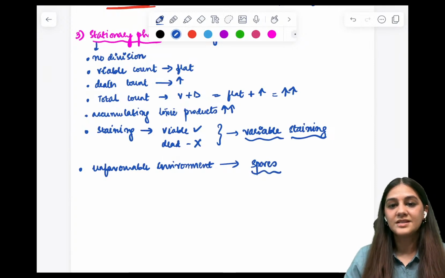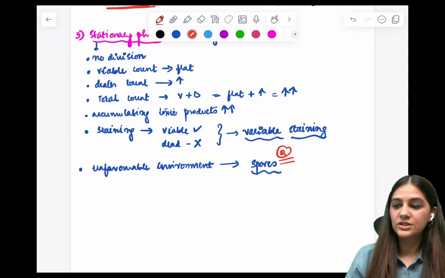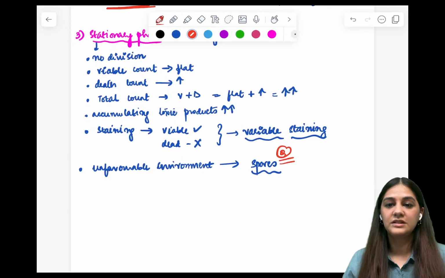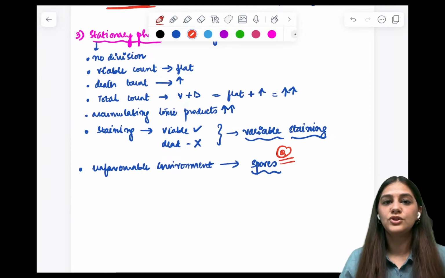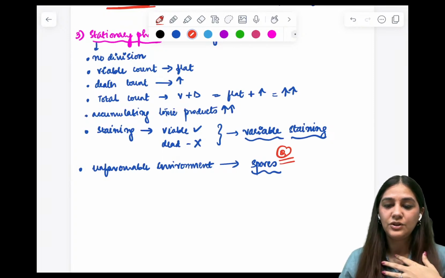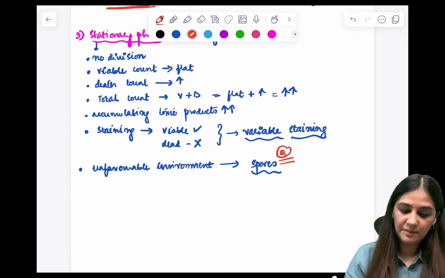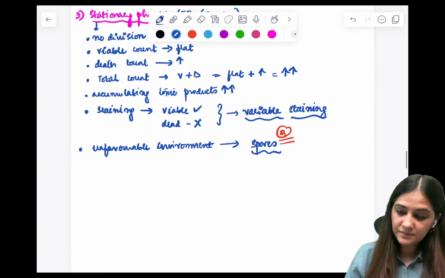So spore formation takes place in the stationary phase. Please remember this. Spore formation, why? Because 50 to 60 years में बहुत unfavorable environment मिल रहा है because there is so much toxic products and granules that I'm accumulating. So spore formation is going to take place at this particular stage, right? And toxic granules I've already talked about.